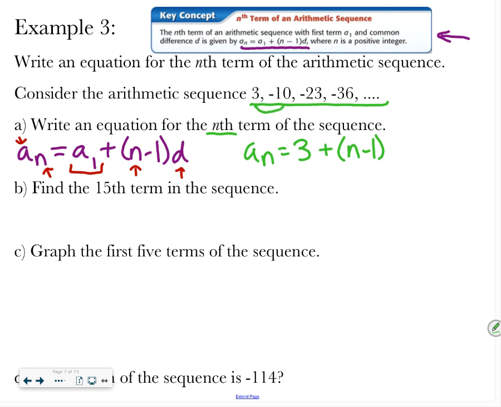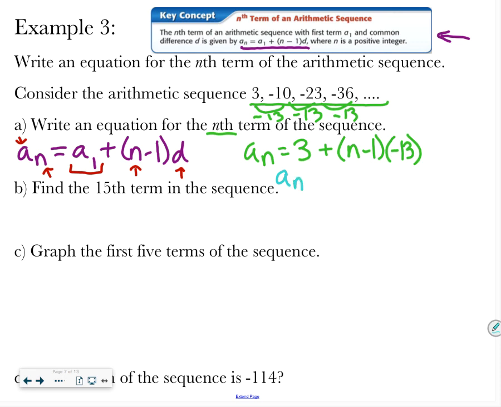To go from 3 to negative 10, I need to subtract 13. To go from negative 10 to negative 23, I subtract 13. To go from negative 23 to negative 36, I subtract 13. So I'm going to multiply by a negative 13. I'm going to put parentheses around that so I don't accidentally confuse myself and think I am subtracting 13 instead of multiplying by a negative 13.